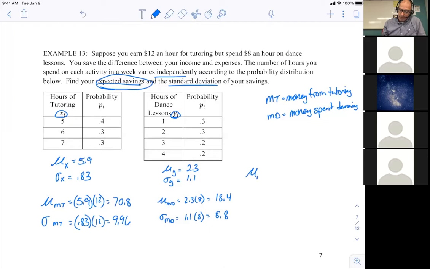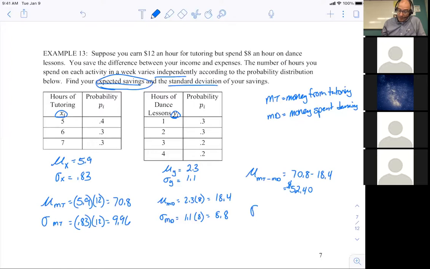The difference of my tutoring money minus my dancing money: we're making $70.80, but spending 18.4, so the difference is $52.40.